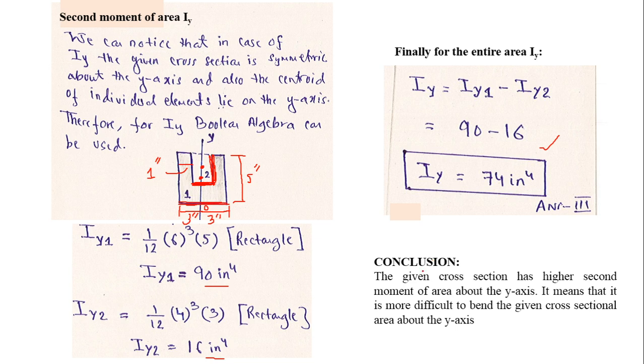This concludes that the given cross section has a higher second moment of area about the y-axis, which means that it is more difficult to bend the given cross section about the y-axis.